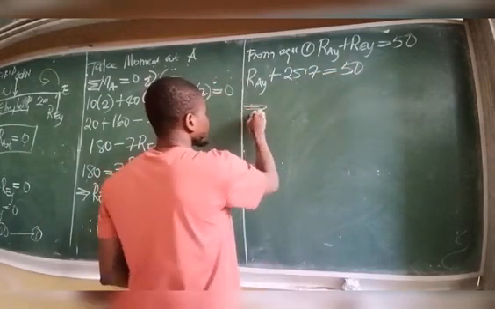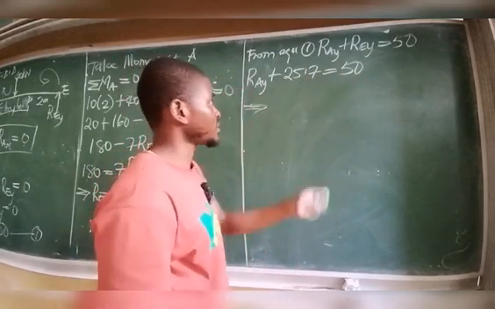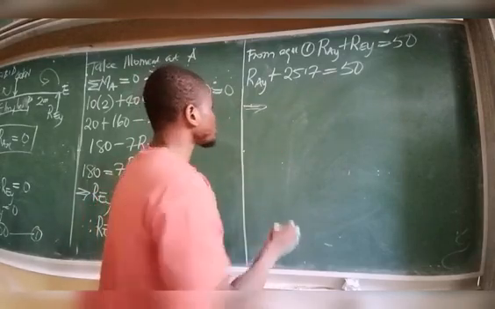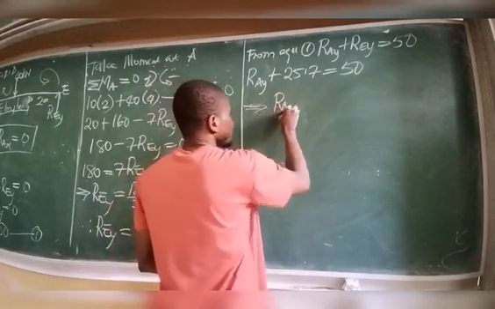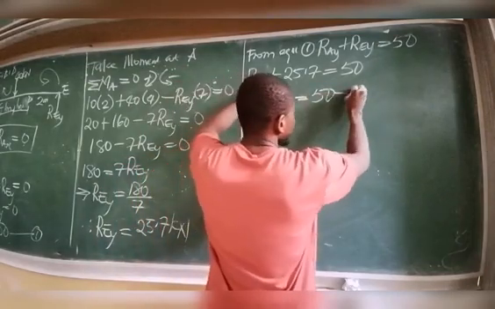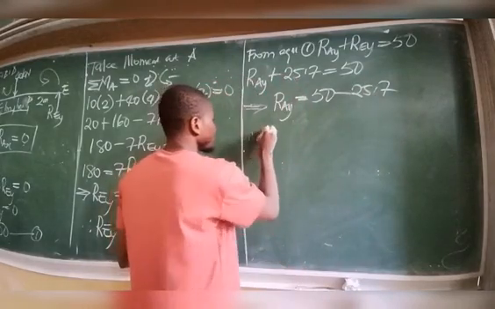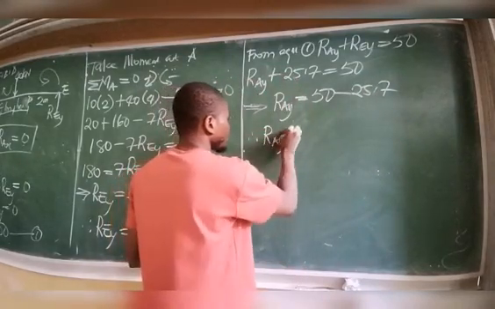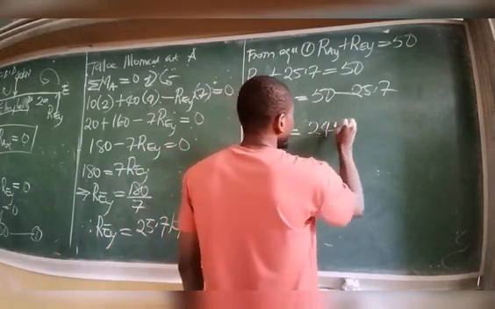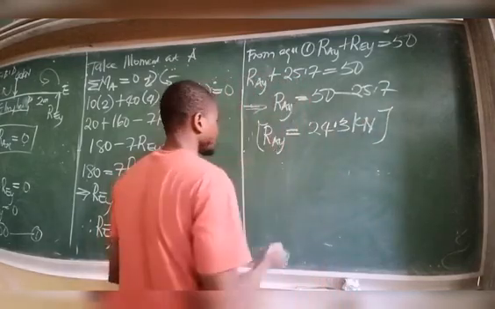That simply means now to make RAY subject, simply send plus 25.7 over to this side of the equation. Positive sign crosses an equal to sign becomes negative. So we have RAY equals 50 minus 25.7, and therefore RAY is now equal to 24.3 kilonewtons.